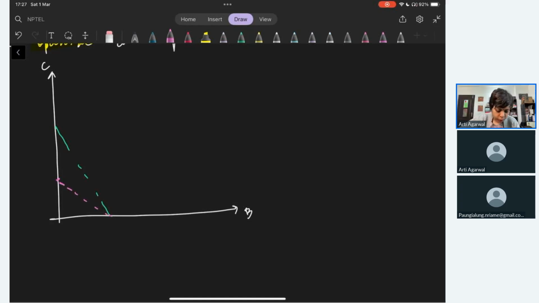Now let's draw a hyperbola. And this is a different hyperbola where I have to try to make it tangent at a very different point. Something like this, okay? This is also not exactly accurate, but this is your original consumption bundle.